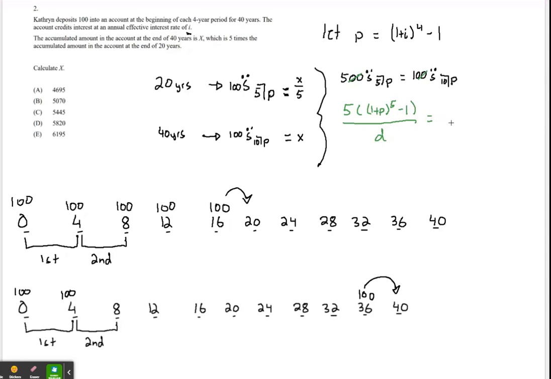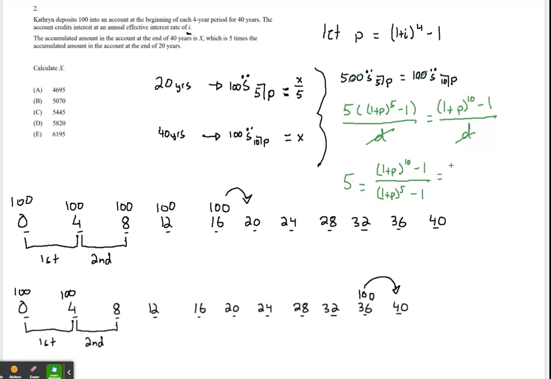It's going to equal 1 plus P to the 10th minus 1 times 1 plus P, and then all over d. So these cancel out. And then I'm left with 5 equals 1 plus P to the 10th minus 1 all over 1 plus P to the 5th minus 1.